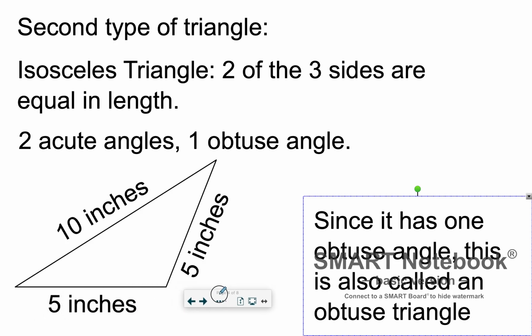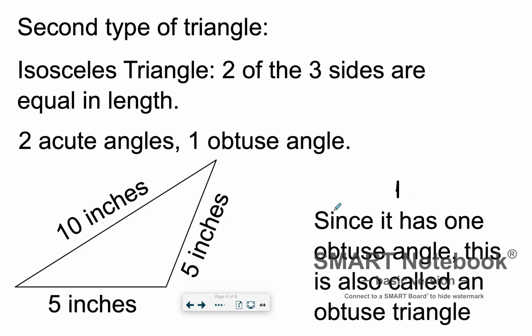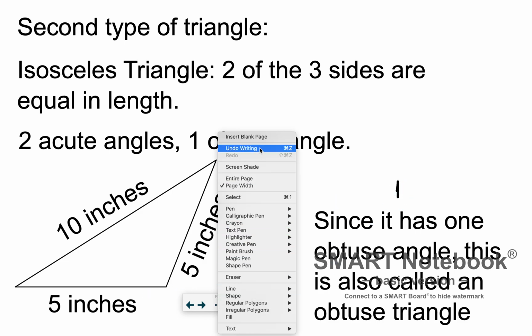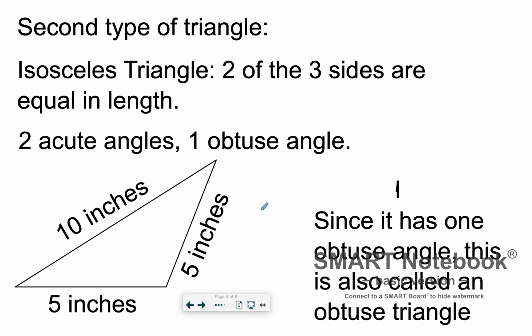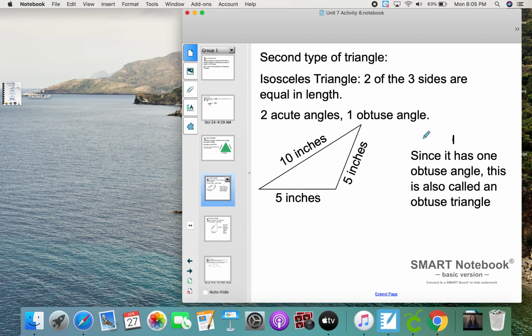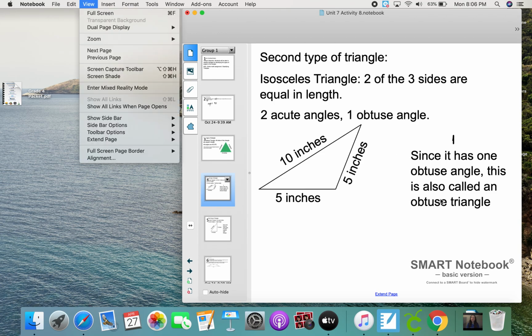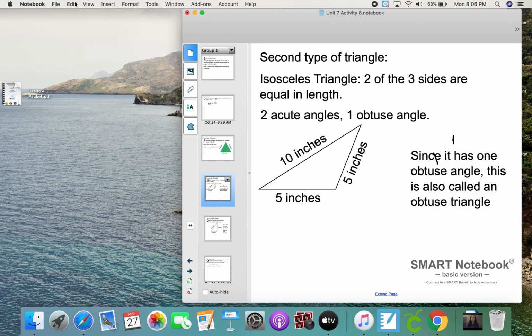Our second type of triangle is an isosceles triangle, and that's when 2 of the 3 sides are equal in length. So if you look at our triangle at the bottom, 2 sides are 5 inches and the third side is 10 inches. This type of triangle has 2 acute angles and 1 obtuse angle. And if you look here on the right, I'm not sure how I can move this.